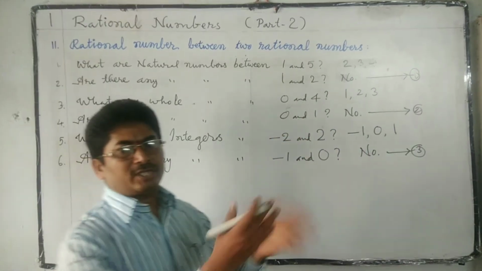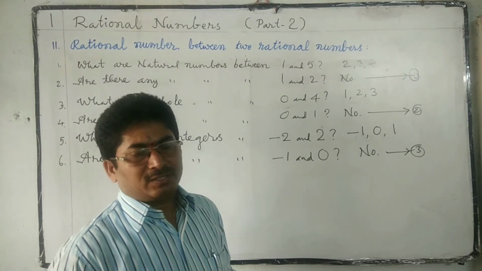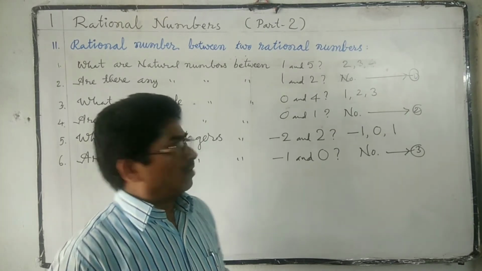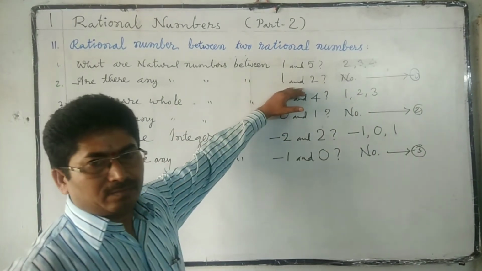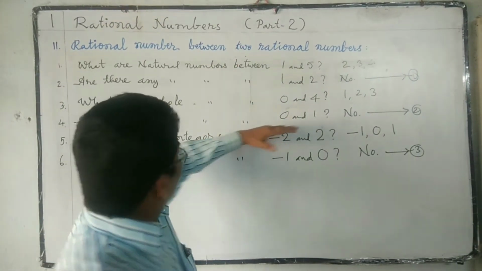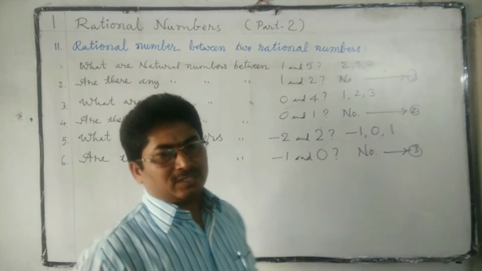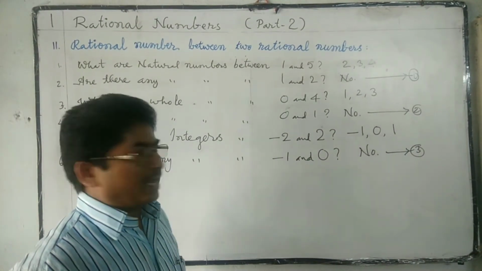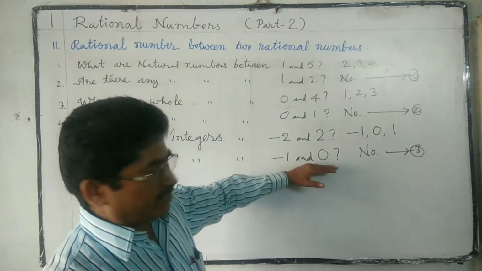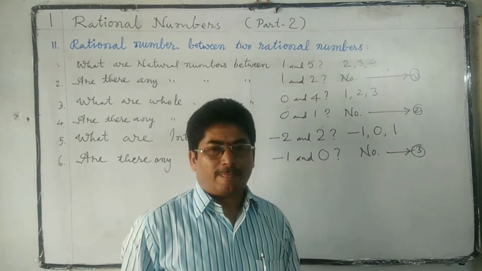Successive numbers means side by side numbers. Between any two successive numbers, there are no natural numbers. Between any two successive whole numbers, there are no whole numbers. Between any two successive integers, there are no integers.